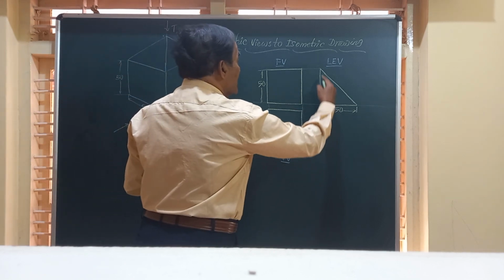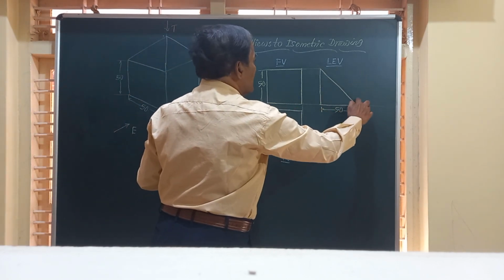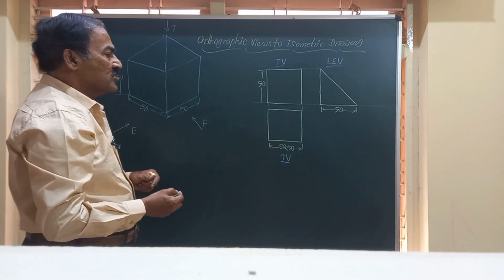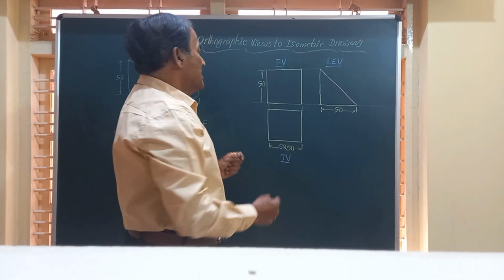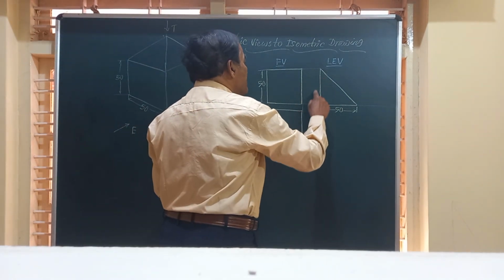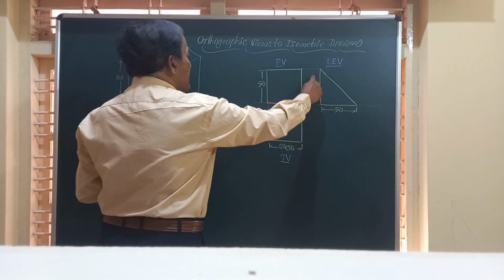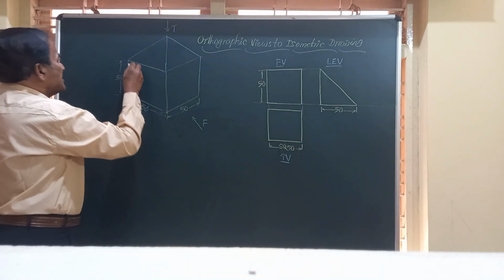In the end view, you can see that half of that square, the other part of the square, is removed. And I am of the opinion that it is better to start from the left hand view. Friends, this line is represented by this last line here.